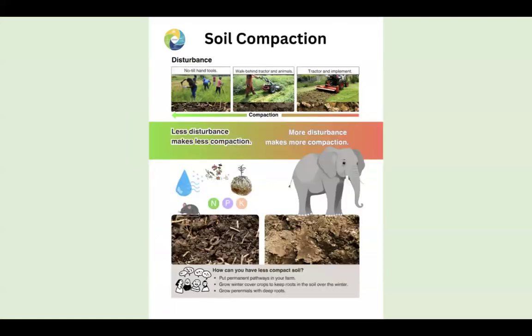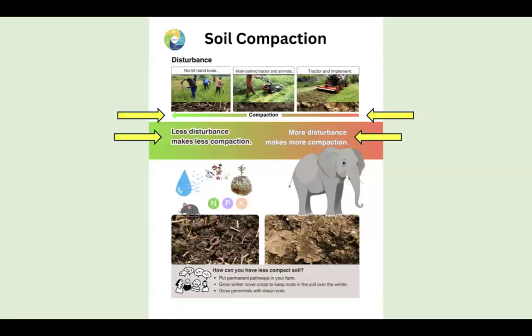First, soil compaction. Soil compaction is when you have hard soil. This here shows you that you want to have less compaction on your farm as opposed to more compaction on your farm. Because when you have less disturbance in your soil, you have less compaction.